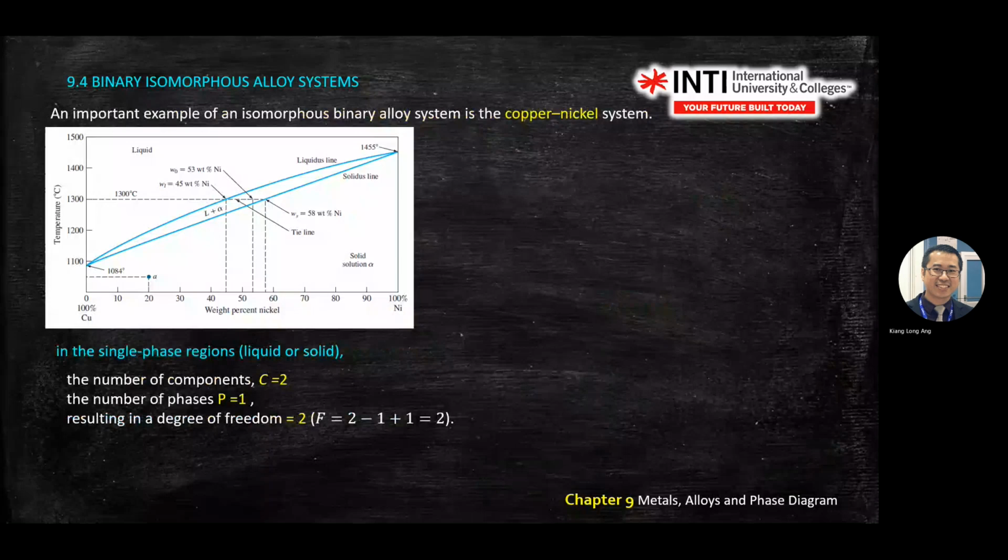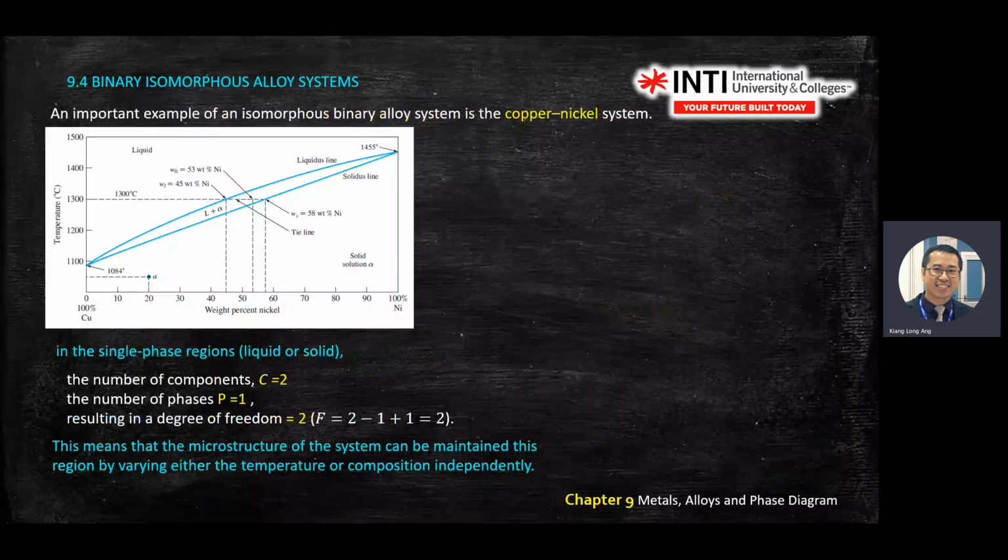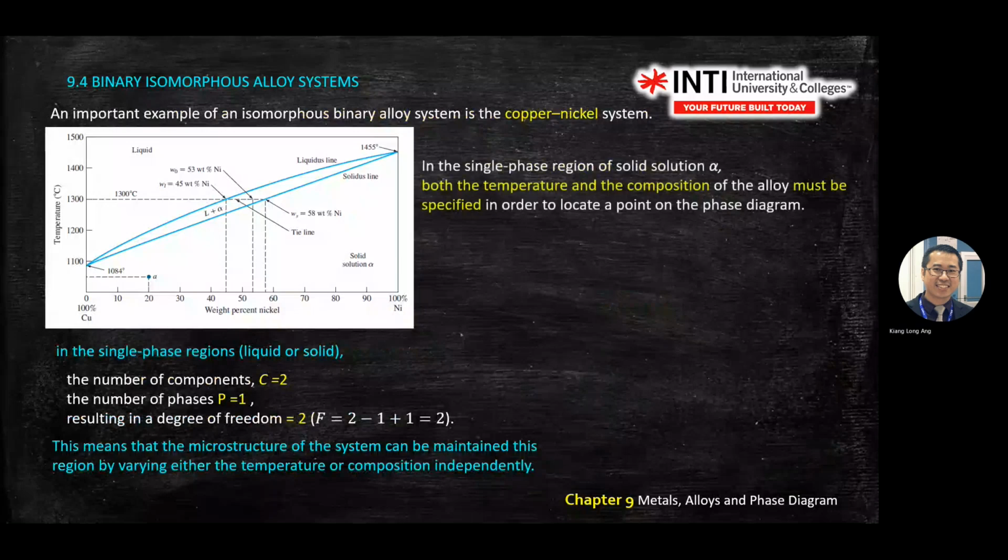Then degree of freedom will be 2. Degree of freedom means if you want to look at this area, how many parameters can you play with? You can play with 2 parameters: temperature and percentage of mixture, because on this graph, you only see temperature and weight percentage for composition. The rest is the same.